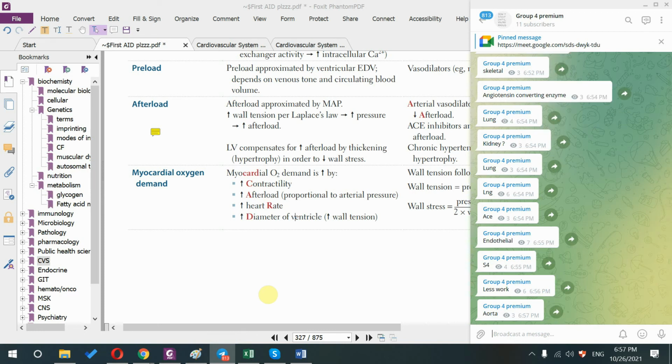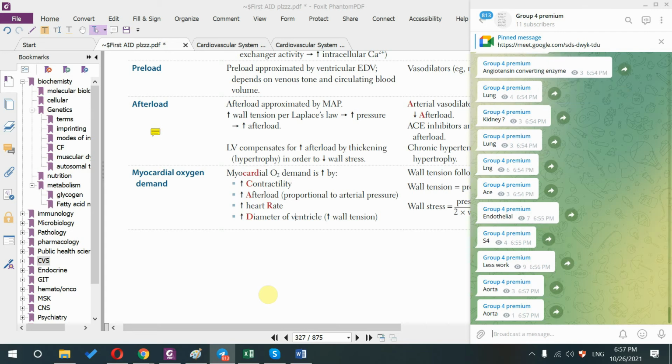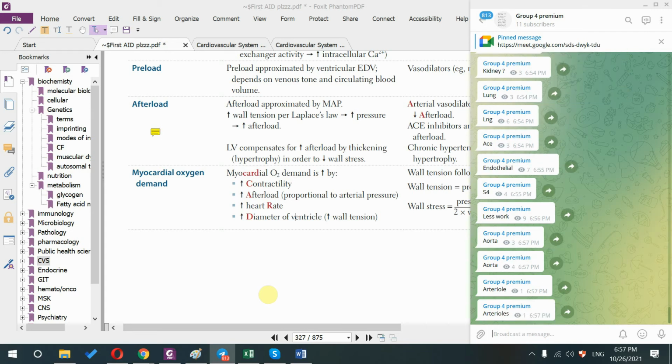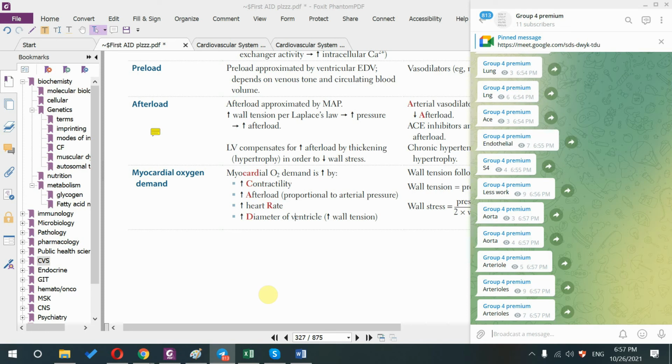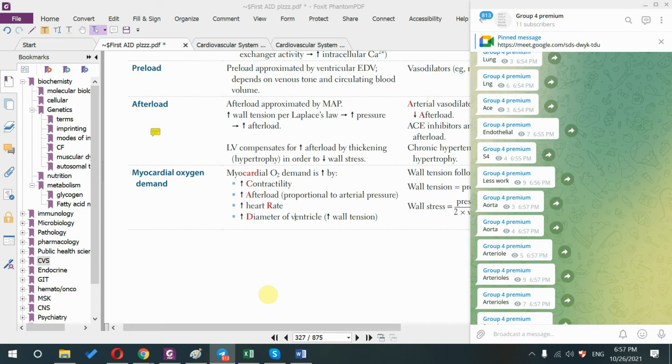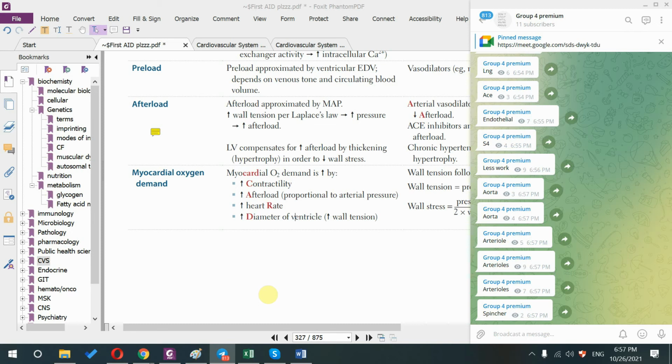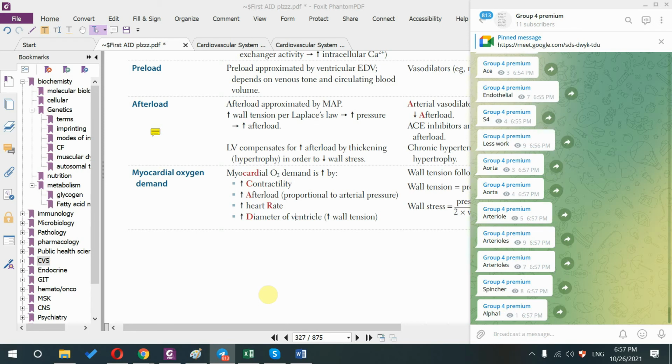Is it the capillaries? Is it the arterioles, the afterload? Yes, the arterioles, exactly. So the arterioles, do you remember what exactly inside of the arterioles is responsible for this? The precapillary sphincter, excellent. Good.